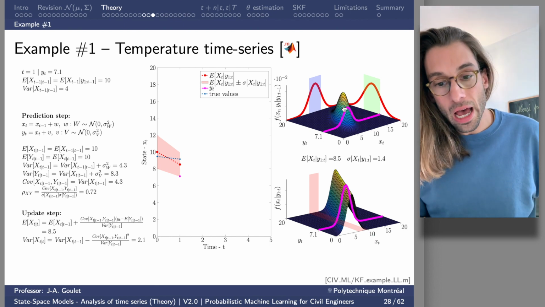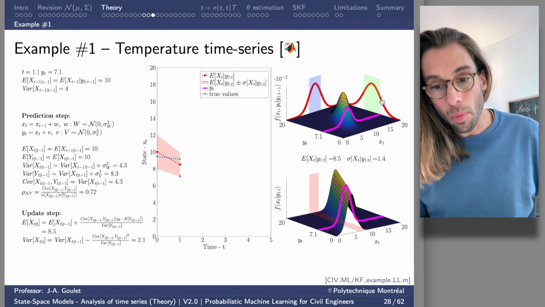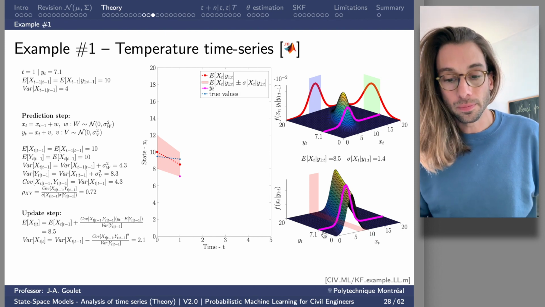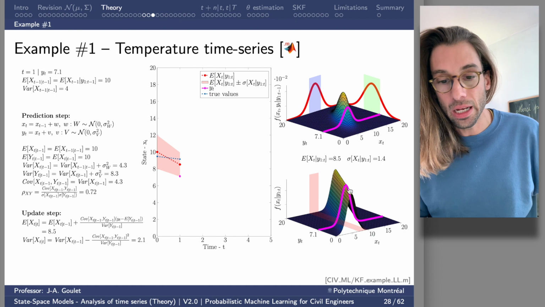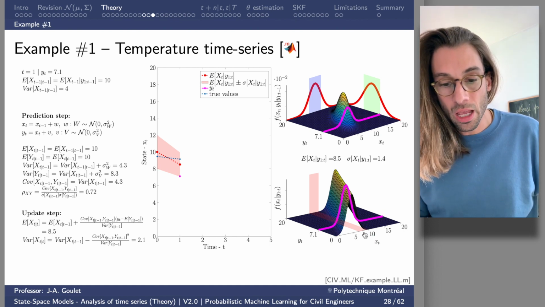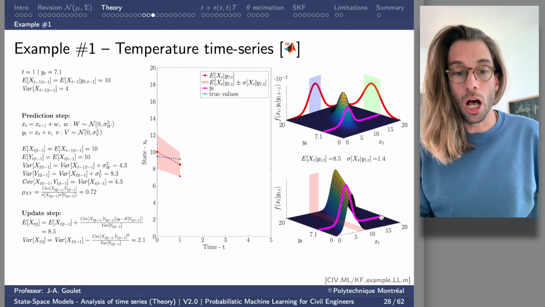In order to normalize it, I need to divide by the marginal probability f of y. This is what leads to the conditional PDF we see here, f of x given y, and the pink region is my confidence region for that posterior knowledge.